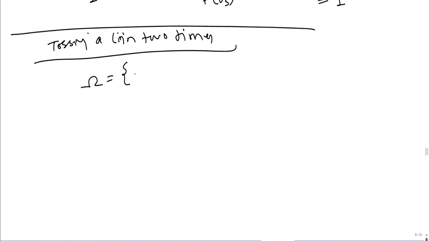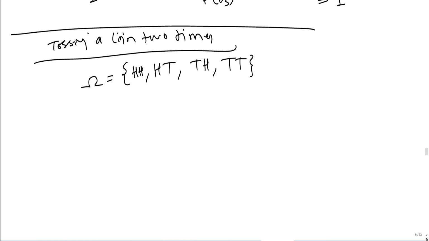So what would be your sample space? You can either obtain a head both times, you get a head on each coin toss, or you can get head tails, or tails heads, or tails tails. Now this is your sample space. Now your sample space contains 4 elements, right?